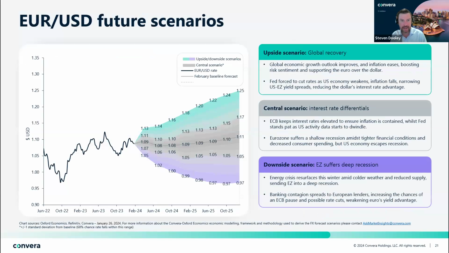Quick focus on the other key markets, the Euro US dollar. We don't see too much opportunity for upside Euro gains in this market. Again, it's really going to come down to the central banks. We said that the euro might be a little bit behind the Federal Reserve, but it might only be a matter of weeks.